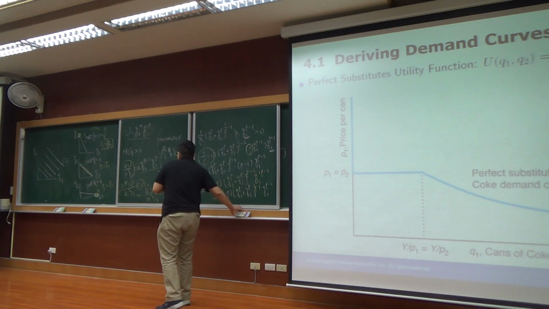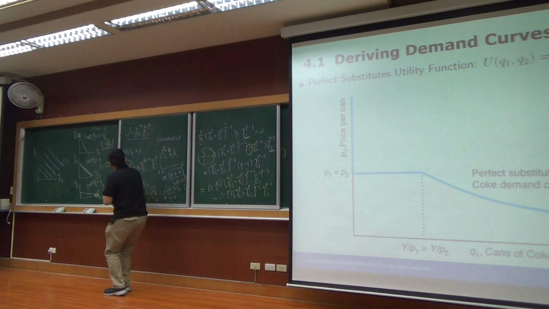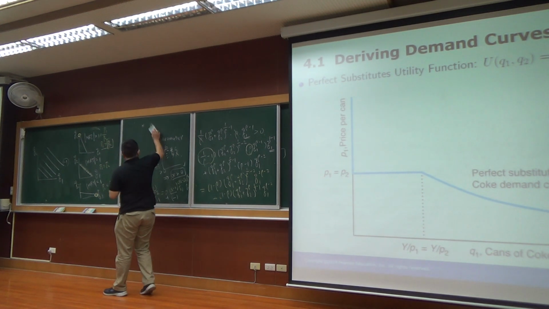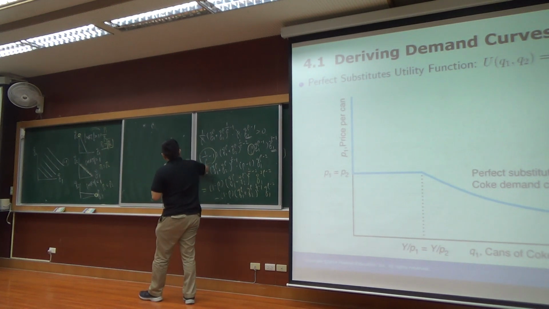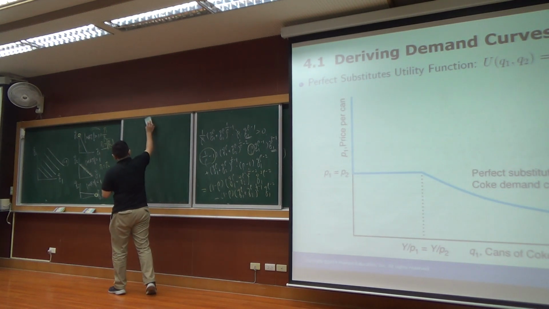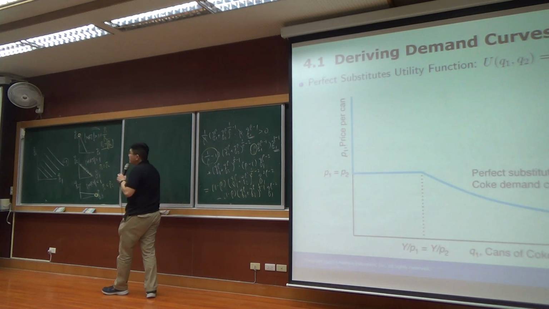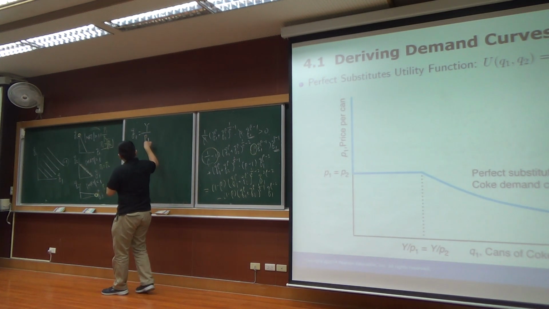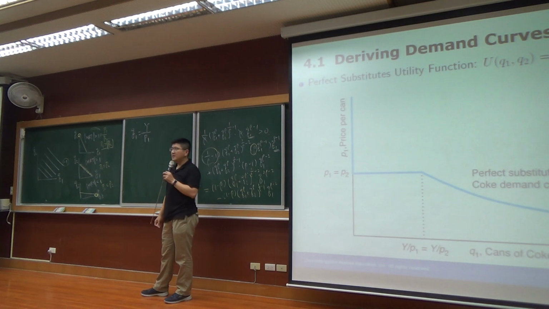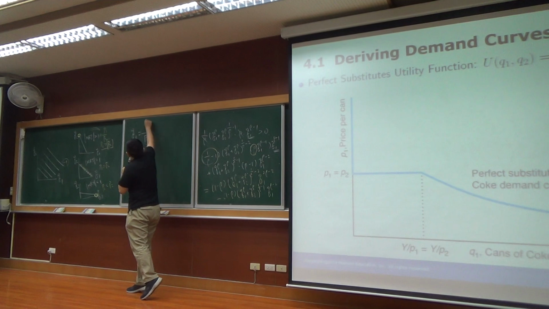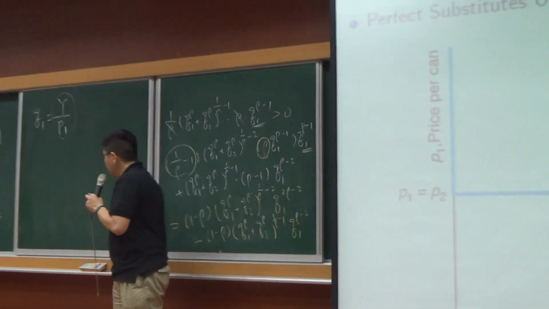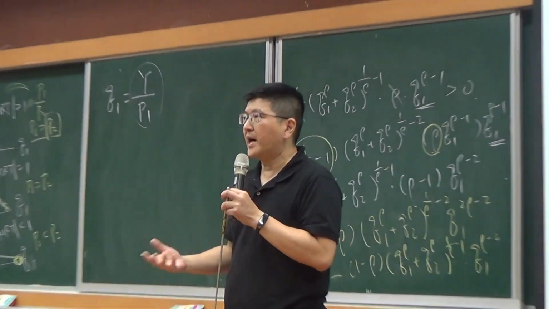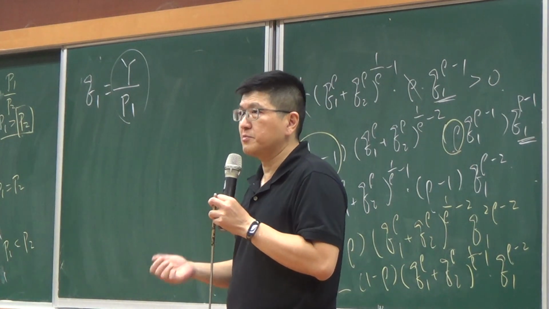So since we spend all money on good 1, the quantity we may have would be y over P1, is that right? Since we spend all money on good 1, and this would be the quantity we may buy, we may consume, okay?